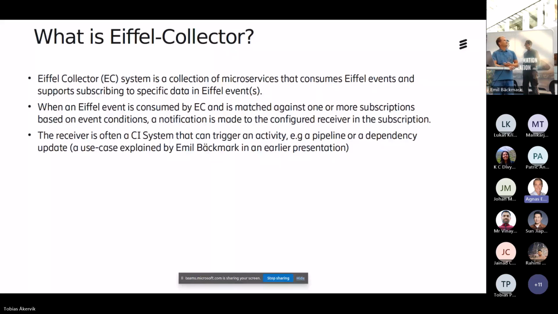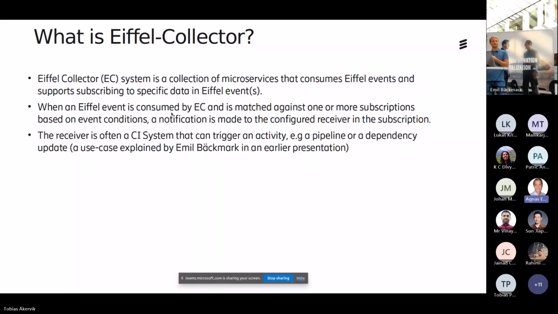Eiffel Collector. This is a copy paste from a documentation page at Ericsson, because we need to have something to scale in. But it is a set of microservices where it consumes Eiffel events from a message bus, and based on some subscription details, where you define what event you want to trigger on and which upstream event you want to collect, and do some event conditions on.